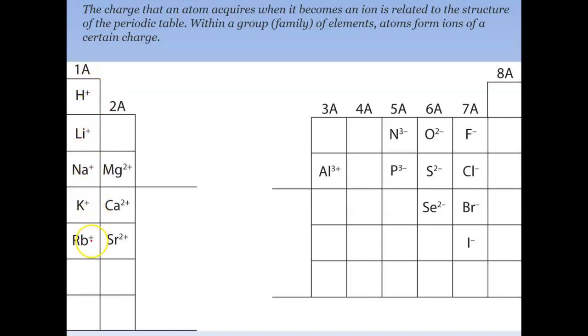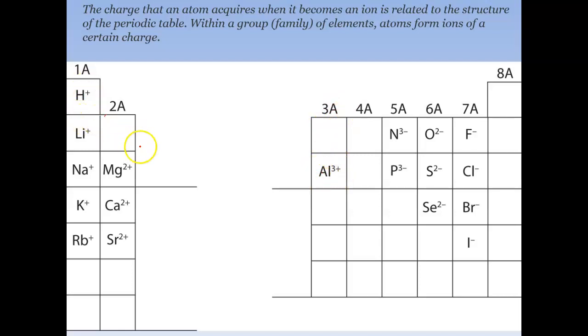All these elements tend to form cations with charge +1. 2A elements tend to form ions with charge 2+, and 3A, 3+. Okay, it's easy to remember.